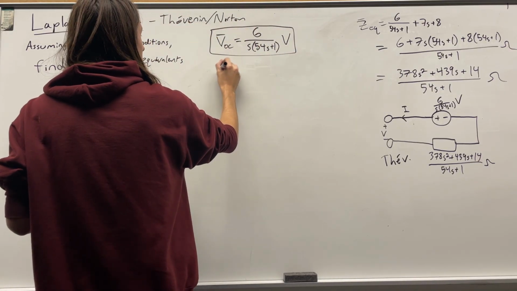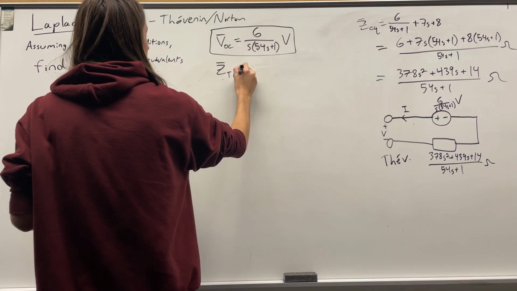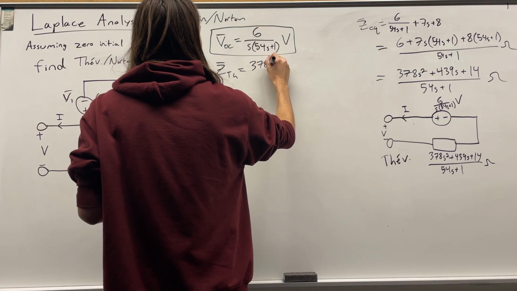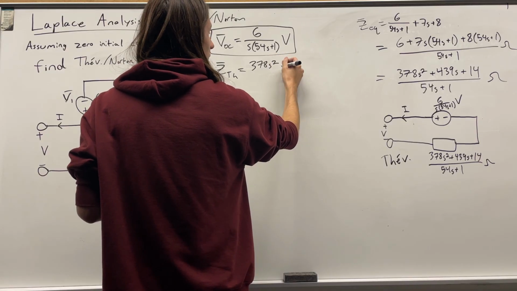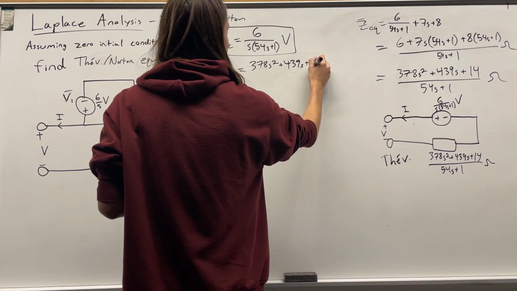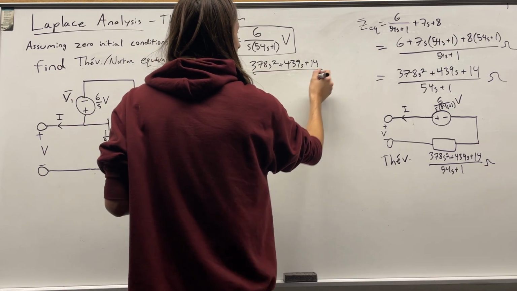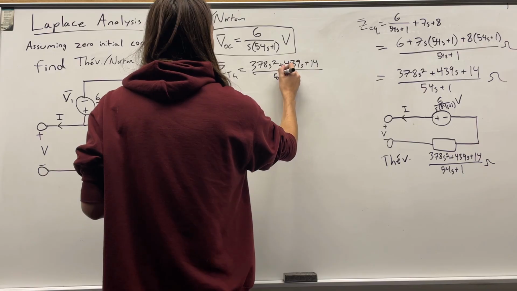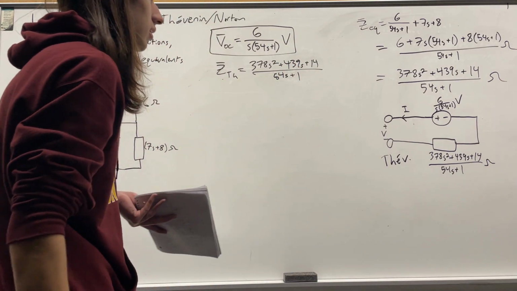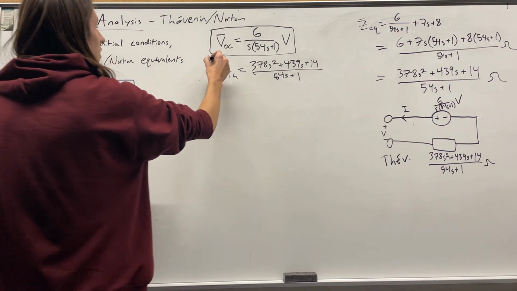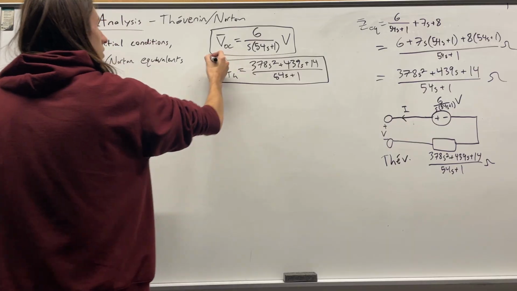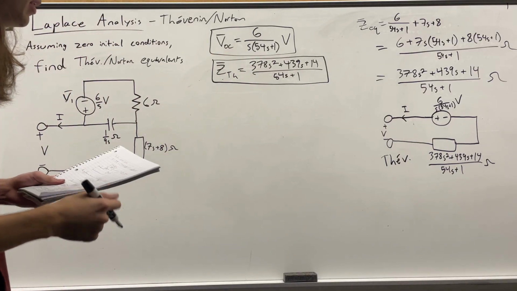Then Z Thévenin is that long thing. Doesn't necessarily have to be super simplified because we're not going to be doing an inverse Laplace, as long as it's clean and simplified.